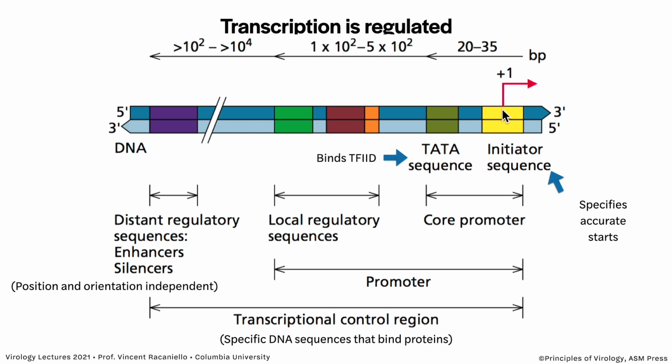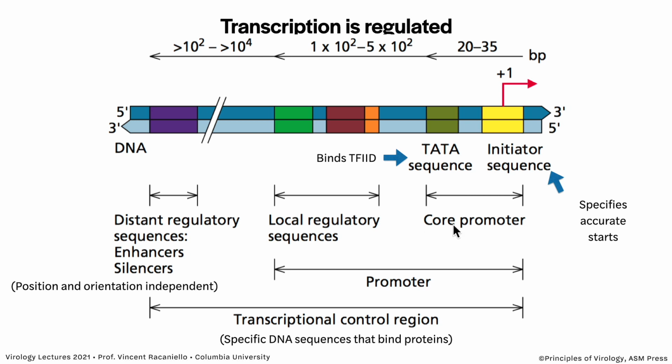And so we have sequences, and on top here are how far these sequences are away from the initiation site. So within 20 to 35 bases, for example, you have an initiator sequence right around the initiation point, which specifies accurate starts. You have upstream a sequence called the TATA box or the TATA sequence, which binds a transcription protein called TF2D, very important for transcription. And that constitutes what we call the core promoter.